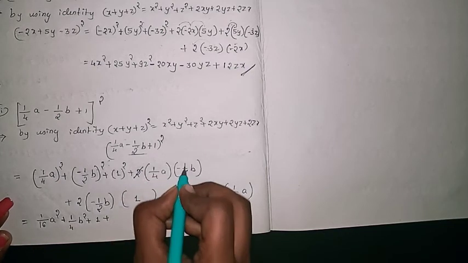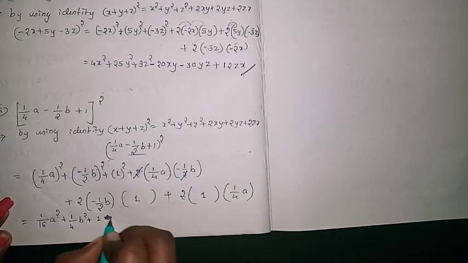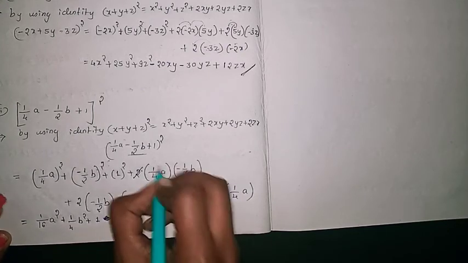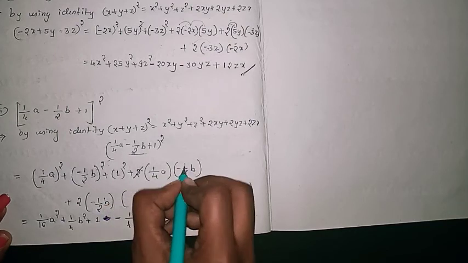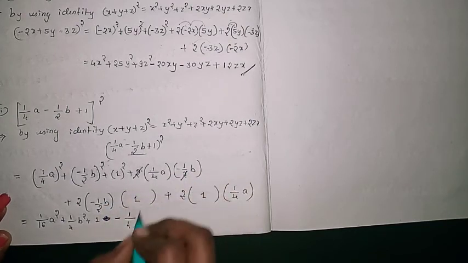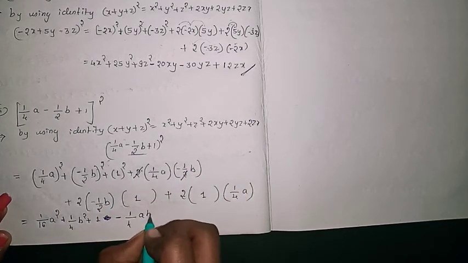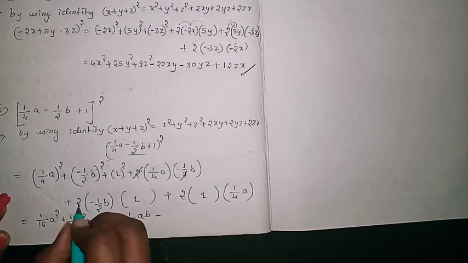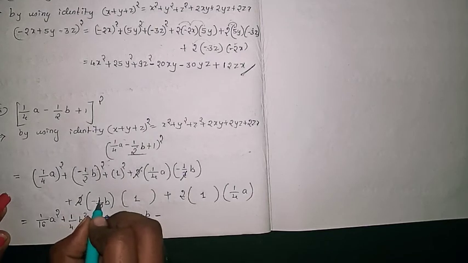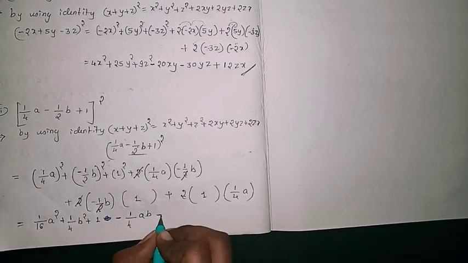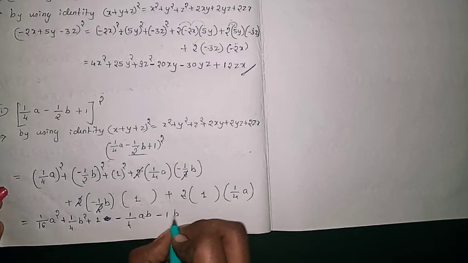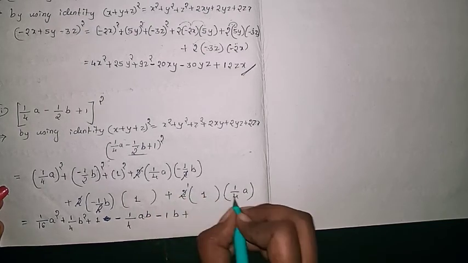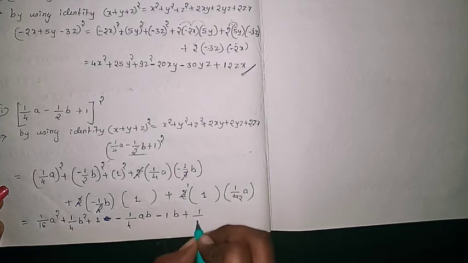So 1 into minus 1, the sign will be minus, 1 by 4; 4 is at the denominator and a and b are the multiple, ab. Here plus and minus, the sign will be minus, the 2s get cancelled, minus 1 into plus 1, that is minus 1 b. Now it is positive and 2 ones are 2, 2 2s are, so 1 by 2 a.